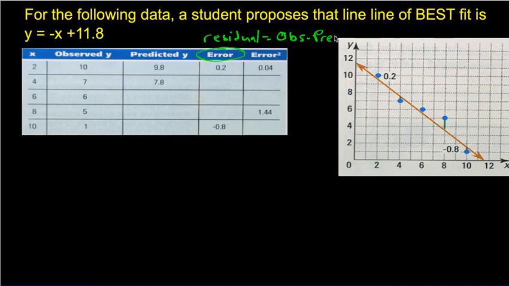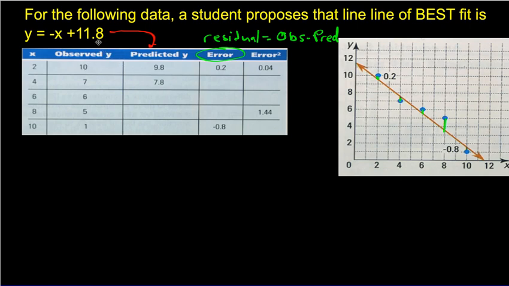On the graph, you can see these errors as vertically how far away from the line each of these data points is. So we need to know what our predicted values for y are, right off of our line equation.